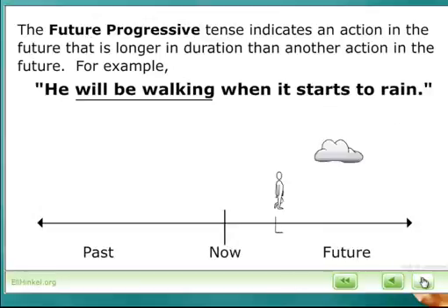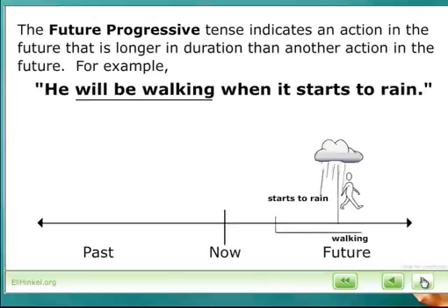So as we can see from the timeline, he started walking and then the rain came as he was walking. So we can say he will be walking when it starts to rain because this happened after now, which is the future. I can say I will be working when American Idol starts.